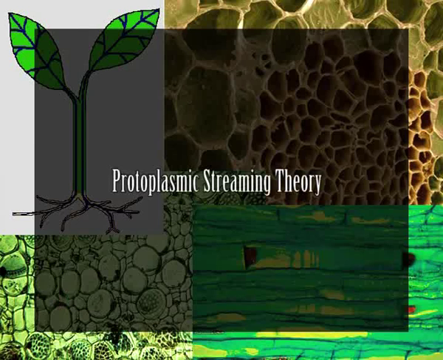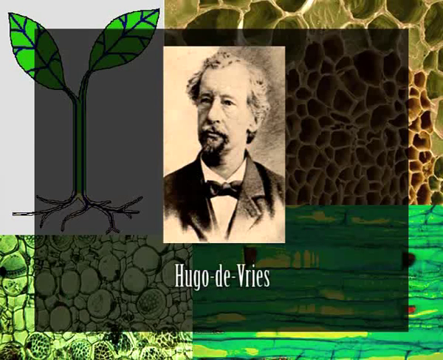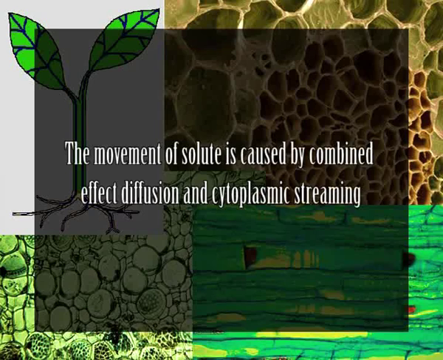Protoplasmic streaming theory. This theory was propounded by De Vries and supported by Curtis. According to this theory, the movement of solute is caused by the combined effect of diffusion and cytoplasmic streaming. Diffusion occurs from one sieve tube to another sieve tube across the porous sieve plate.